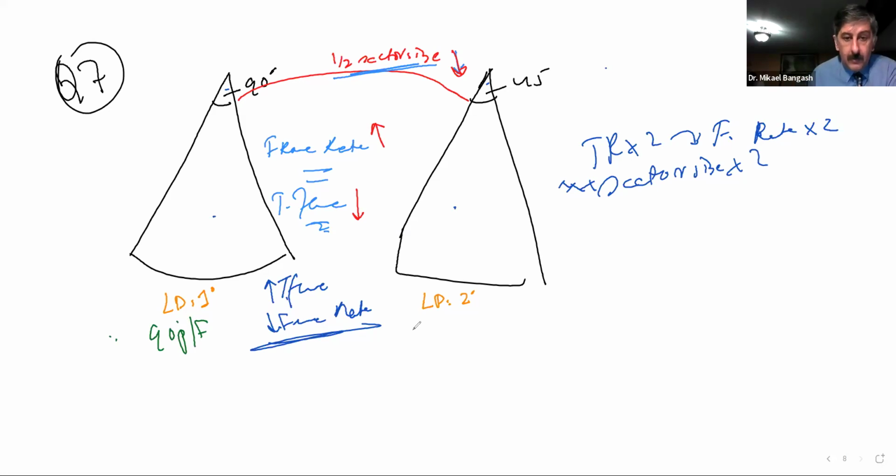What are we going to have over here? 2 pulses per degree angle times 45, which is 90 pulses per frame. Since we have the same number of pulses per frame, they will have the same T frame and same frame rate.